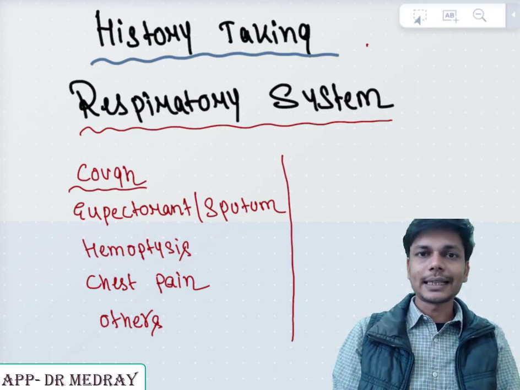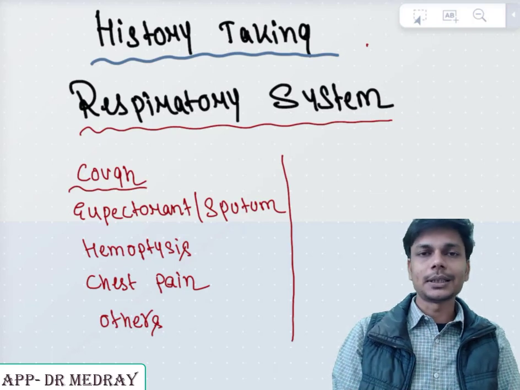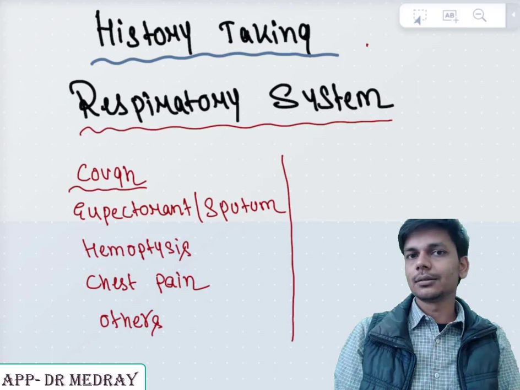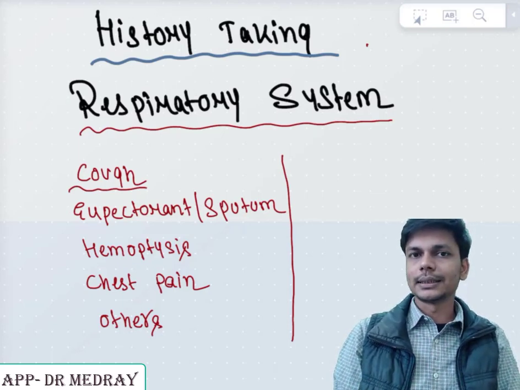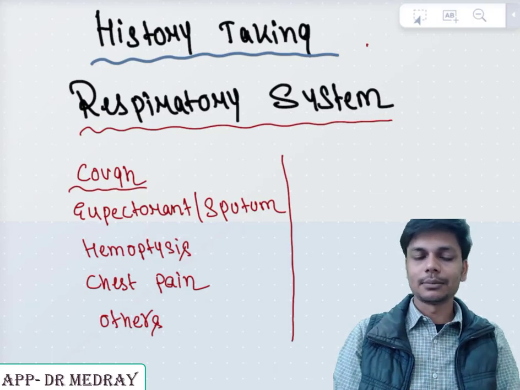So you have to take negative history that this cough is not because of heart disease, not because of chronic heart failure. If the cough is occurring in lying down position, it usually suggests heart failure cough, which occurs more in lying down position because of pulmonary edema.